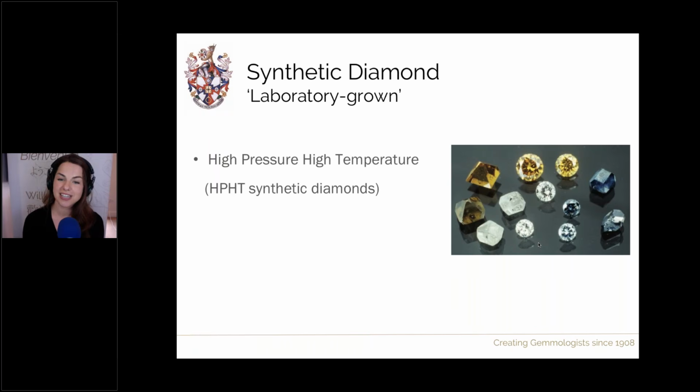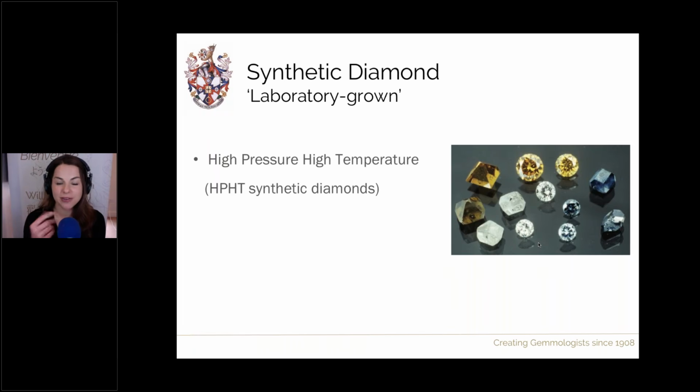But HPHT synthesis was first created in 1955 by General Electric. Sorry about that.